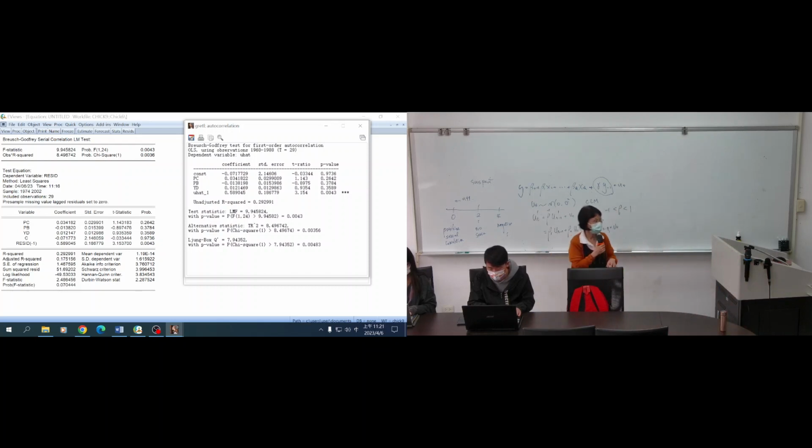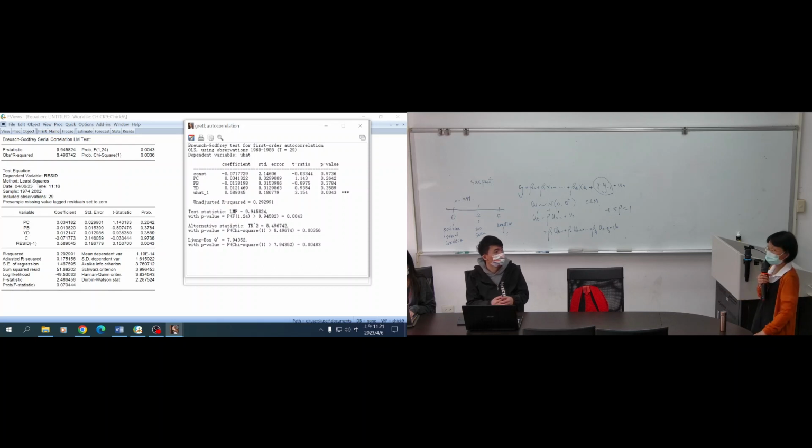Okay. All right, so the first two are really the same as what we have from eViews, right? And these two we all call the Lagrange multiplier test. So there are two versions: one is using the F test, the other one is using the chi-square test.